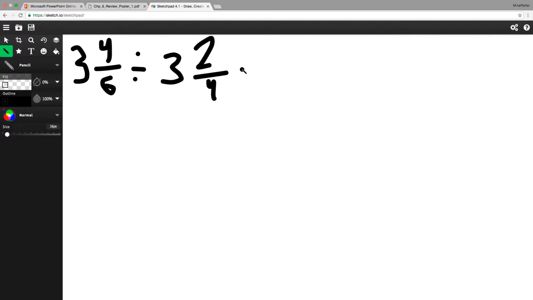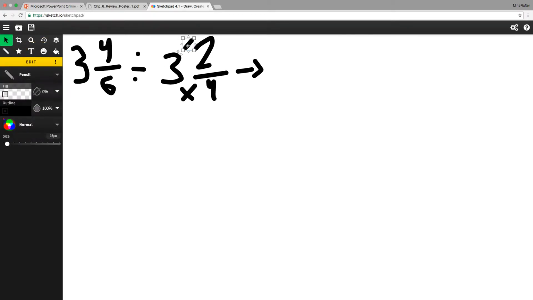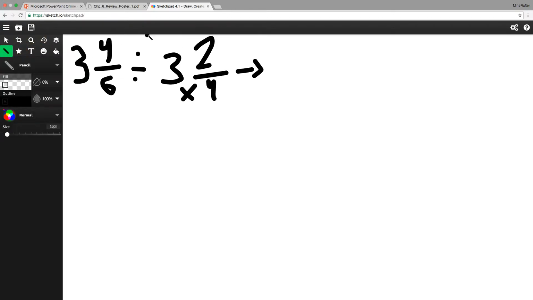So first what we have to do is multiply. We times 4 by 3, which is 12, and then we add that to the numerator, which becomes 14.